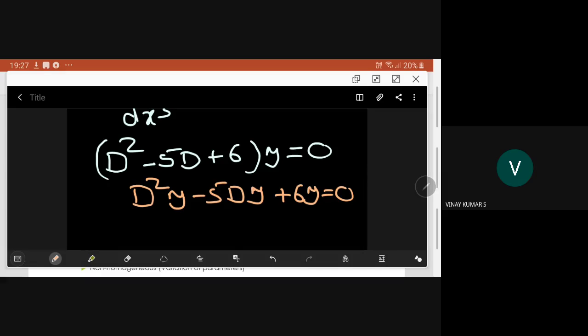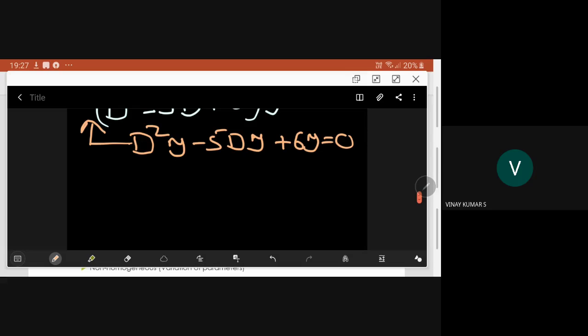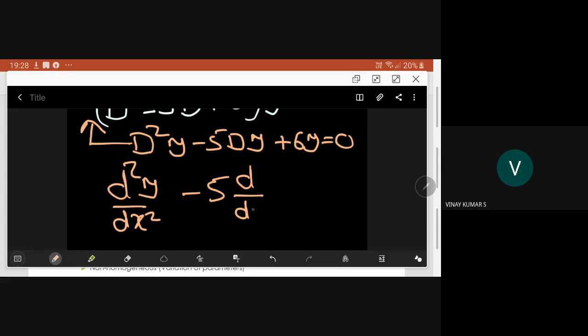From here we are going here in short. But what is the second one? The second one we mean is d square by dx square, capital D square means you have y here, minus 5D means d by dx, capital D means you have y here, plus 6y is equal to 0.